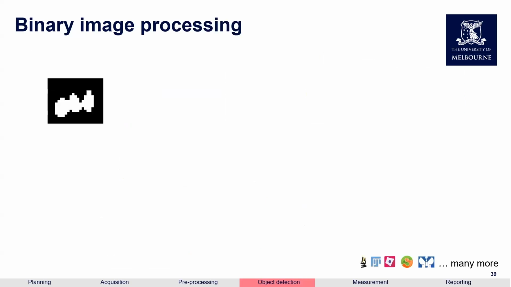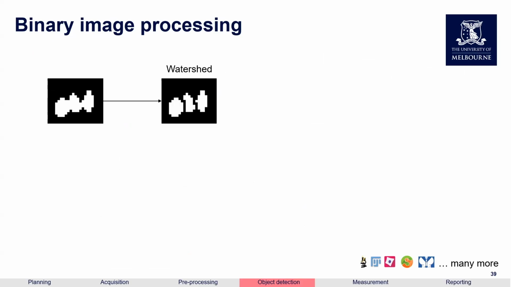Once images are segmented by any of these methods, conventional, machine learning, or deep learning, what we get is this type of binary image. And this binary image can be refined with morphological operations. For example, the watershed splits these signals and separates touching particles.